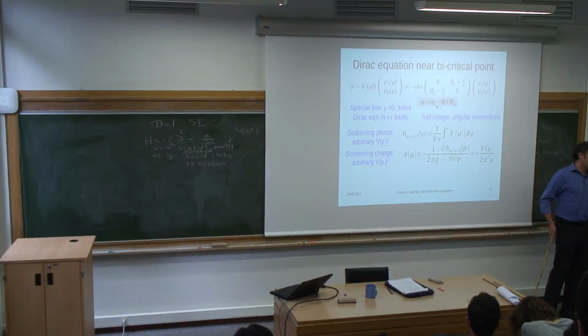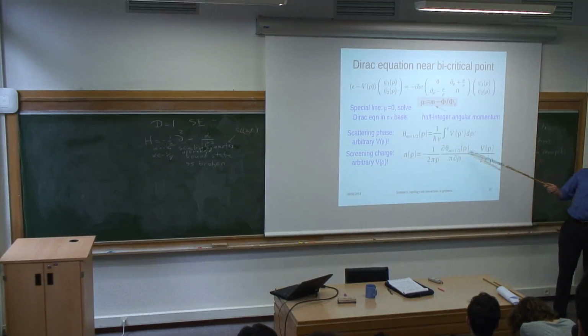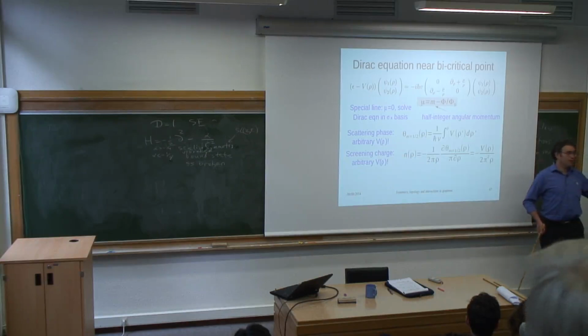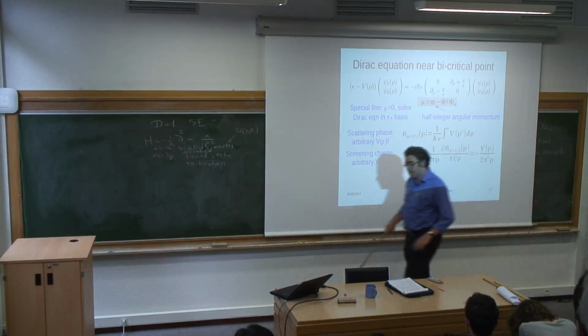You can say that there is some V of r, and we compute the scattering phase, and then compute the charge through that scattering phase, and then get its relation with the potential, and then make it self-consistent, and say that the Coulomb potential of that charge produces a correction that gives that potential, and that gives the screening problem that can be solved.